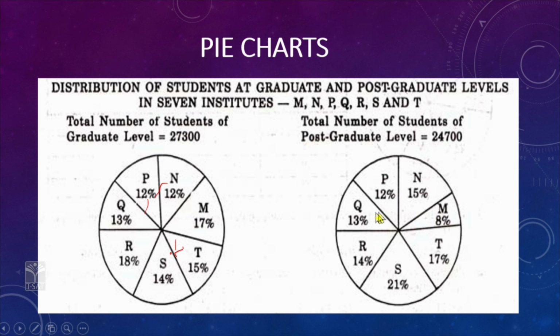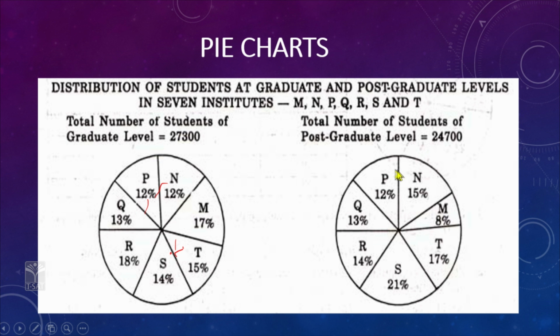And when you come to the postgraduate level, the highest is 21%. S has the maximum number of postgraduate admissions, 21%. This is called the sector angle. As the sector angle increases, the number of admissions also increases.